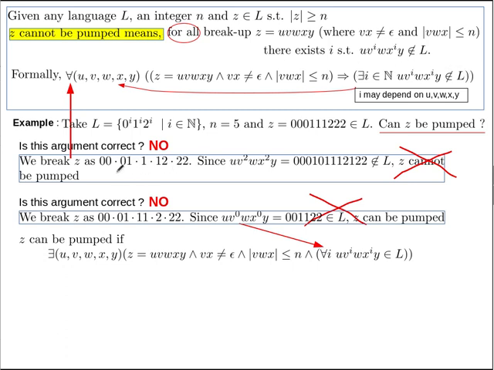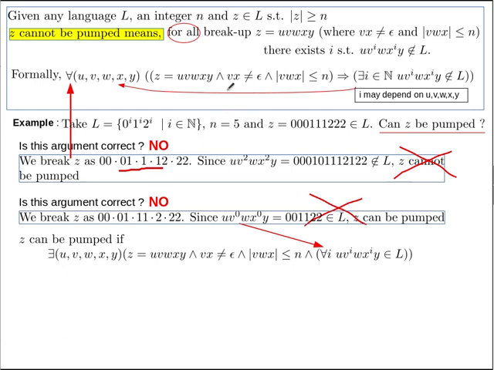So we need to argue it for all the breakups, that no matter how you break this up, if the breakup satisfies this constraint, okay, here the breakup satisfies this constraint. So you see that this vwx, so this together, is less than or equal to 5, so this is exactly 5, right?